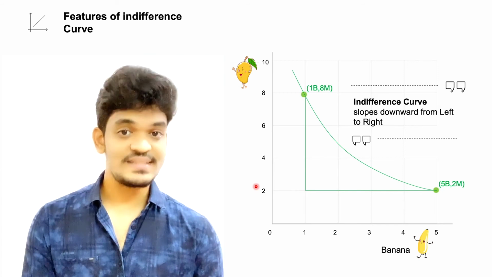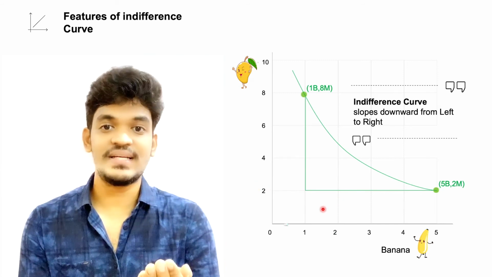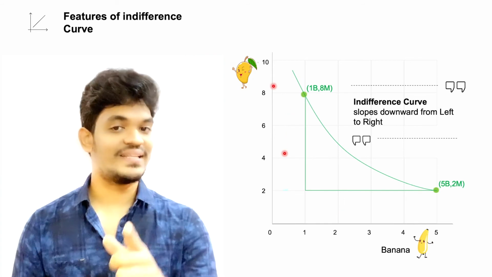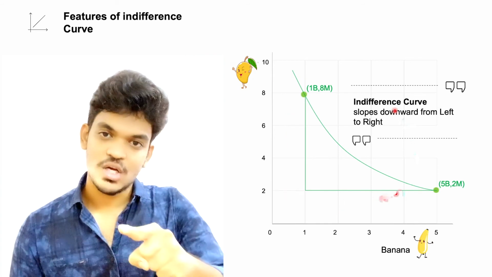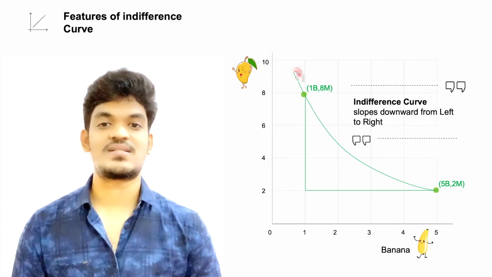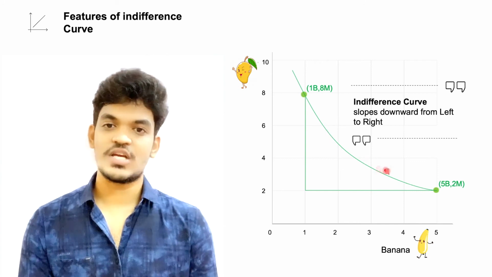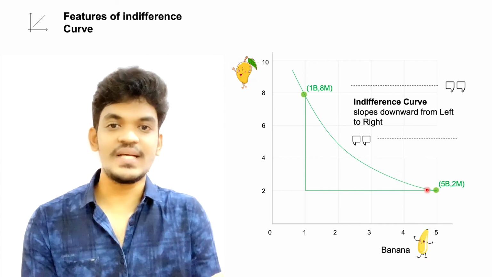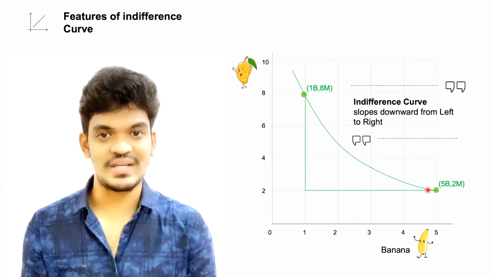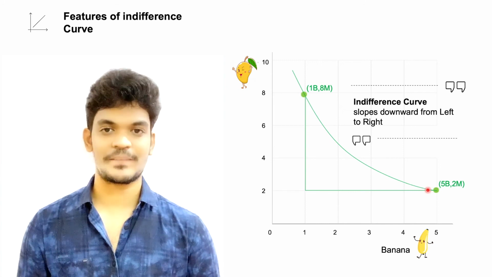So the rise in banana will be compensated by the fall in the mango, and that's the reason the indifference curve slopes downwards towards the right, because your amount of banana is increasing and your amount of mango is decreasing. So that's the reason we have this shape, right?